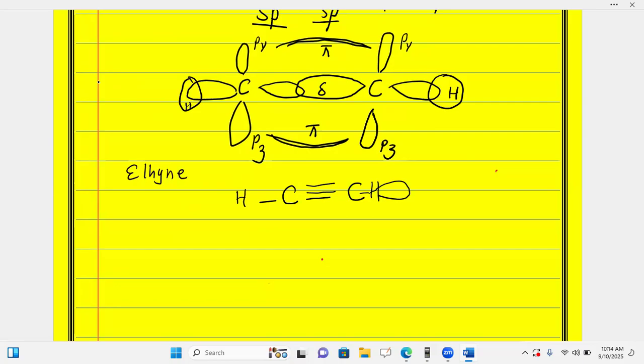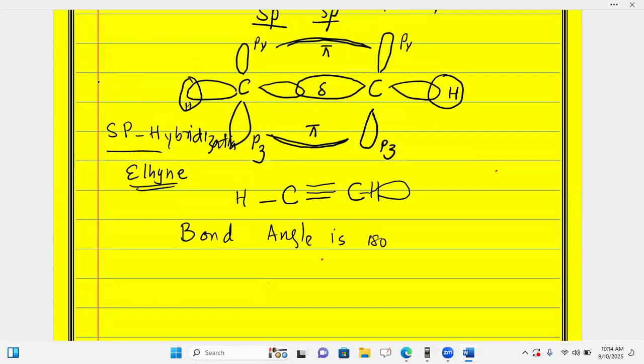This is the example of sp hybridization. So in case of sp hybridization, I will say that the bond angle is 180 degrees, and the shape of the molecule is linear.